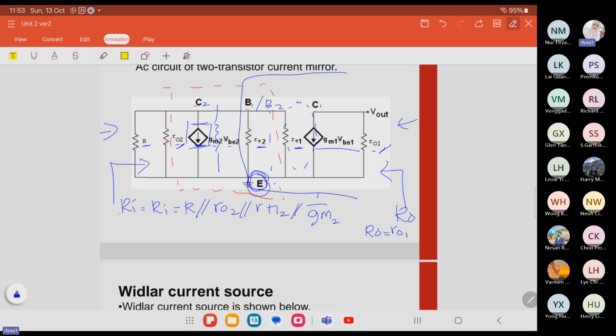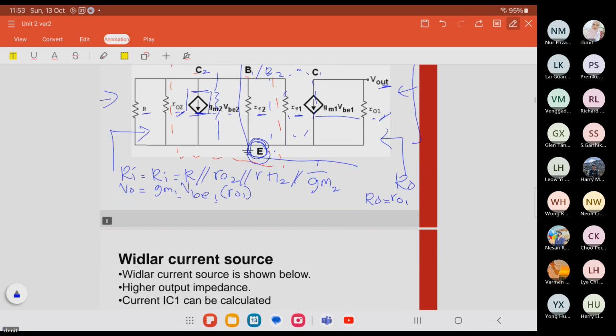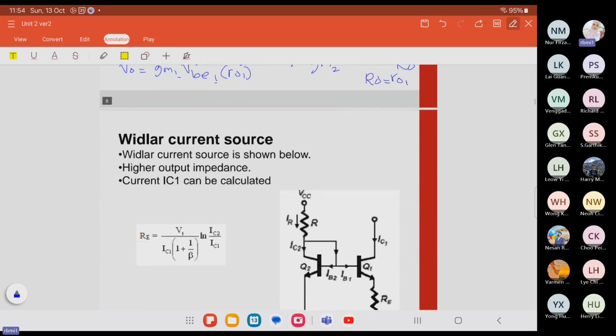For V out, it equals gm1 VBE1 R out 1, because V out is at this port, the V out port. This reflects Q1, so we have the Q1 parameters. So this is for the next one.